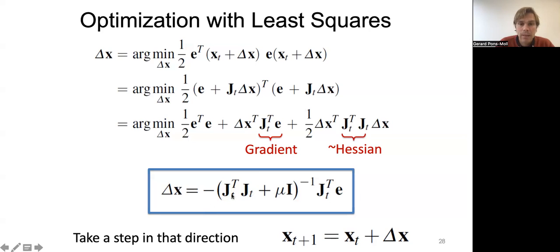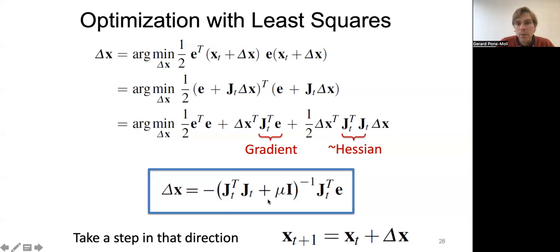This term is almost negligible, and what really matters is JTE. So we're taking a step which is proportional to mu times JTE. And we said that JTE is the gradient. So when mu is very large, we're taking a gradient step, just gradient descent. When mu is not very large, we're taking the Gauss-Newton step.